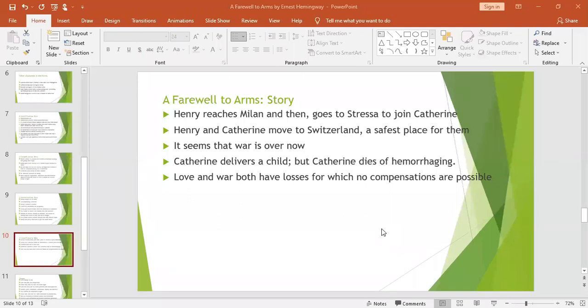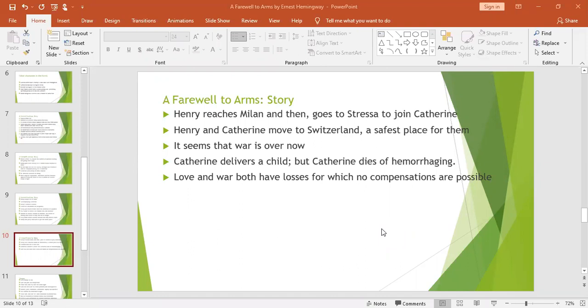Henry reaches Milan because he comes to know that Catherine may be at Milan, but after reaching Milan, he comes to know that Catherine has gone to Stresa, so he joins Catherine at Stresa. Henry and Catherine move to Switzerland as the safest place for them.